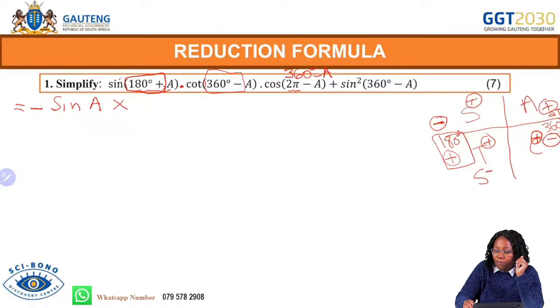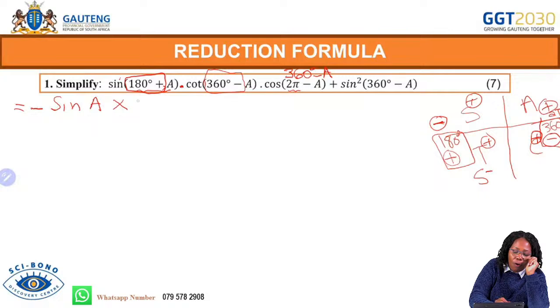That is quadrant 4. Cot, remember, is the reciprocal of tangent. That means if cot is in this quadrant 4, it will be negative, because it's only cos and sec that are positive. So cot in quadrant 4 is negative. Then I start with that negative sign.